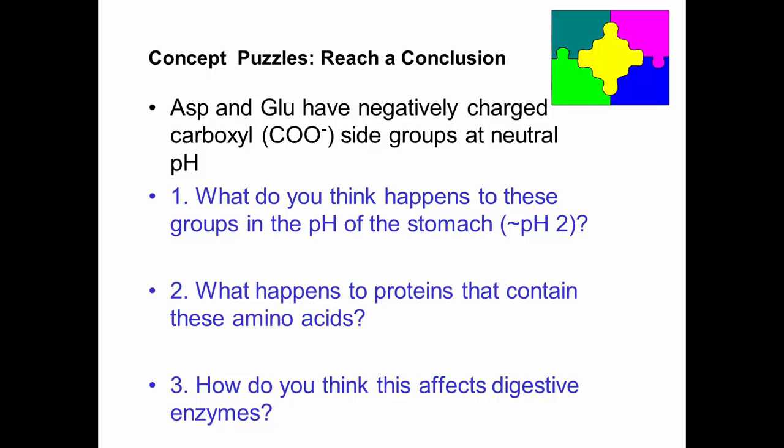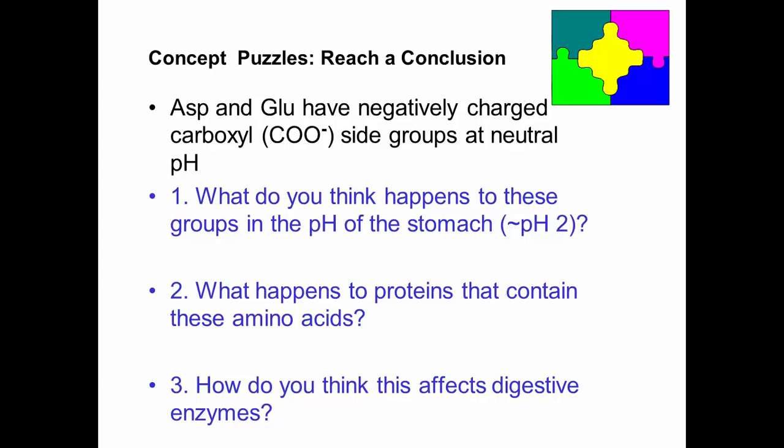You can look back at your picture of those if you want to. What happens to the charge once they hit the stomach? It's not going to be negative. The negative charge goes away.